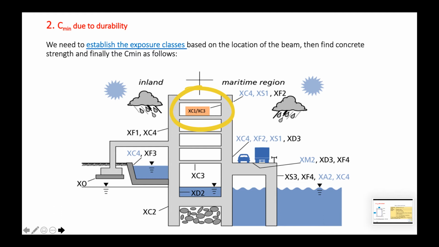It depends on the position where it is located. For example, if the beam is inside the building, it will have high or low humidity. Other than that, for example, a foundation is exposed to water or groundwater, so it has different durability cases.